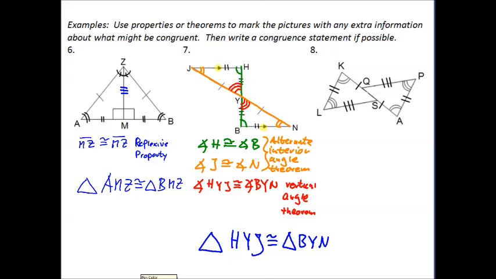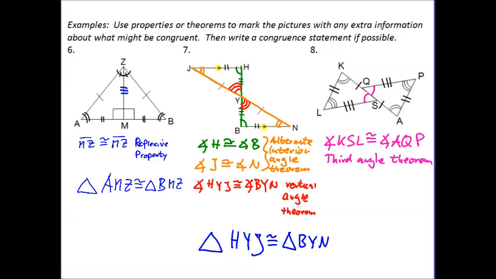There's only one angle in each triangle missing, and if we have 2 pairs of angles that are marked congruent, we can use the third angle theorem to conclude that angle S has to be congruent to angle Q. Or if we want to be a little bit more specific, we're not just going to call it angle S, we're going to call it angle KSL is congruent to angle AQP, all based on the third angle theorem.